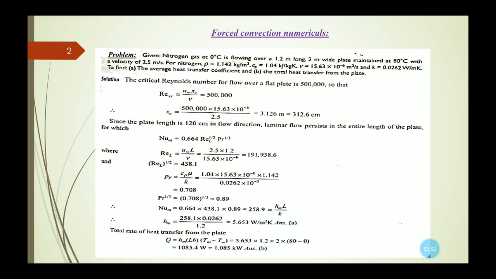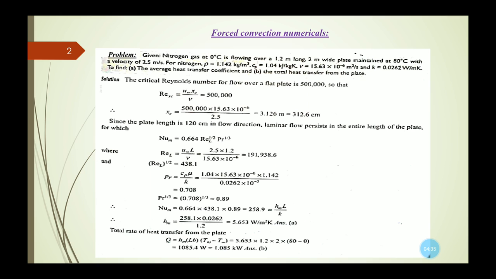We have seen while discussing boundary layer theory that there are two different values of Reynolds number, the lower critical Reynolds number and the upper critical Reynolds number. Depending on those values, we said whether the flow exists in the laminar zone, the transition zone, or the turbulent boundary layer zone. There are some values of the Reynolds number based on which we can say whether this zone is a laminar or turbulent boundary layer zone.